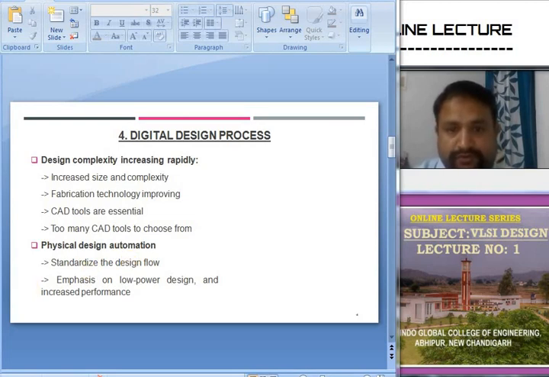So to remove the complexity, various standardized techniques are there which are based upon low power design and which are used for increasing the performance of the devices. And likewise, various CAD tools are developed which are helping to fabricate various chips at the nanoscale.